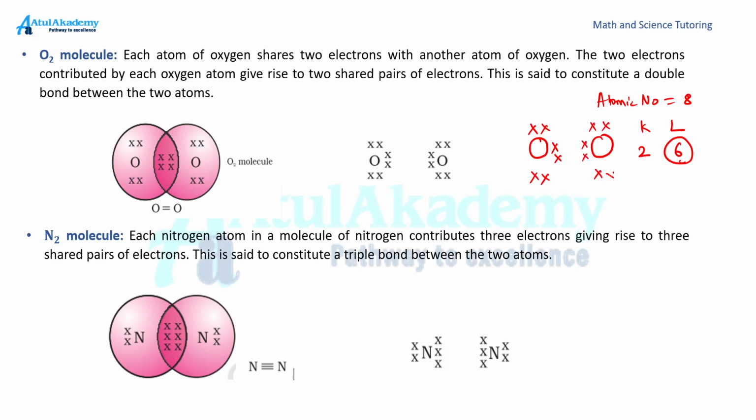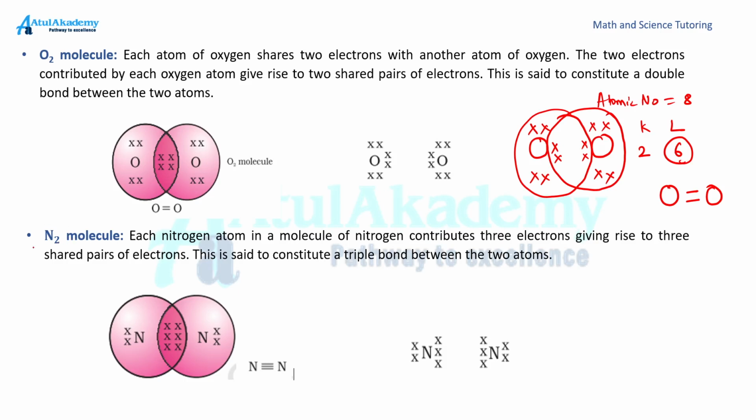Now this oxygen has 6, it needs 2 more, so it will share with this oxygen. This oxygen is also going to share with this one. Now what type of bond do I have? I have a double bond, because two pairs of electrons are being shared. So we have a double bond in the oxygen molecule.